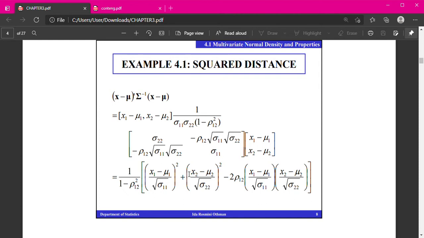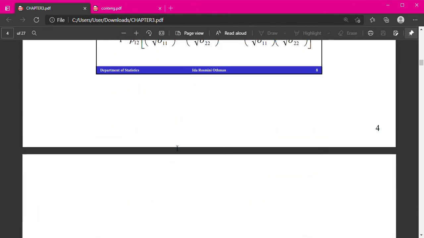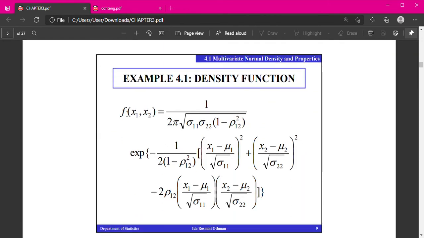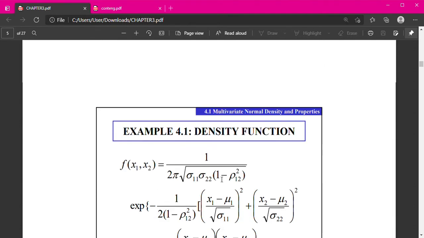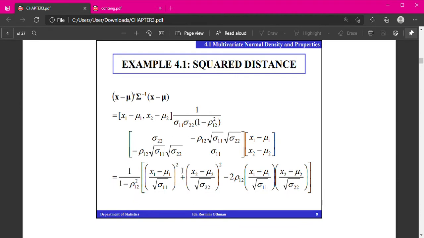Okay, ini adalah the part yang square distance tadi. Bila kita ada yang ni, dia nak tunjukkan kat sini macam mana kita nak dapatkan PDF untuk x1 dengan x2. Kita gantikan the value of variance-covariance matrix. We put here. And then di sini adalah square distance. Ini cara dia.